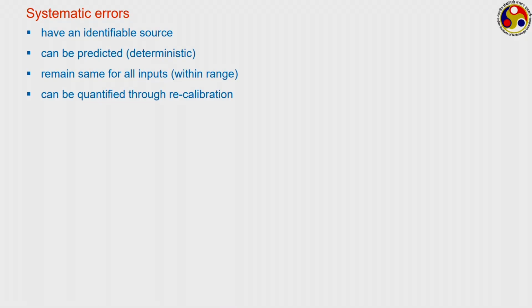That means suppose a temperature measuring instrument has gained over a period of time a zero drift of something like 0.5 degrees Celsius. Then in any temperature reading that it shows, all the values will contain this.